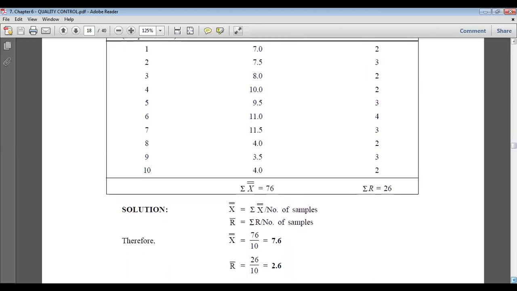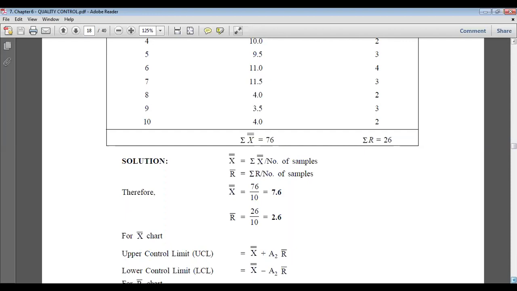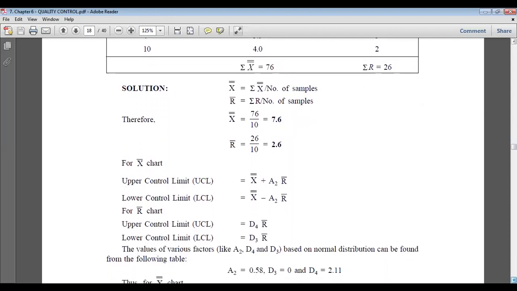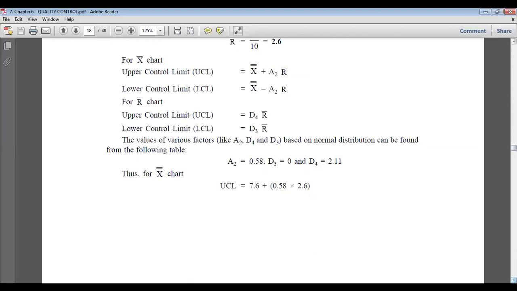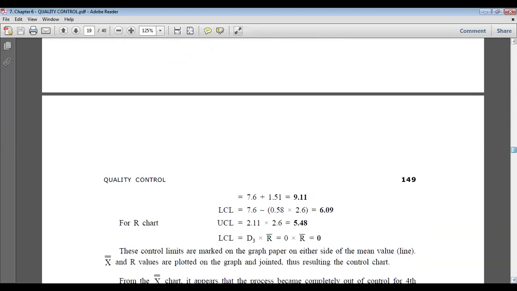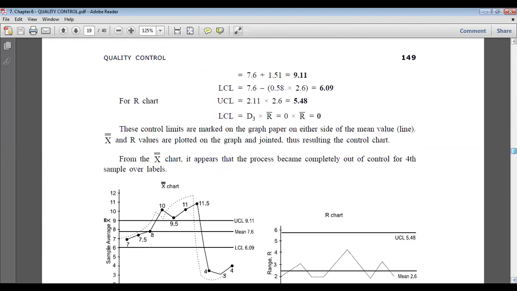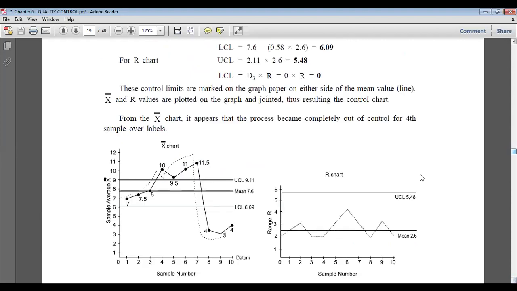So we have calculated all the bar X, double bar X, the mean sample size, then R we have got as 0.026, then the upper control limit and lower control limit. This is the actual plot or graph that we have taken.